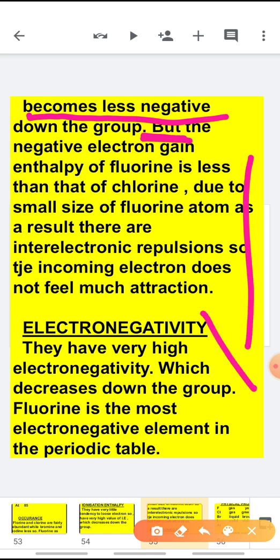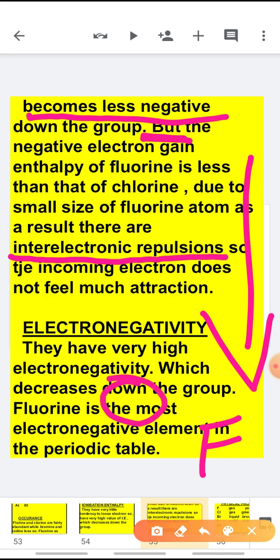As I'm telling you that down the group the electron gain enthalpy becomes less negative. But if we compare the electron gain enthalpy of fluorine and chlorine, then chlorine has a more negative electron gain enthalpy compared to fluorine. Why is it so? This is an exception. It is because of the small size of fluorine, there occur inter-electronic repulsions.